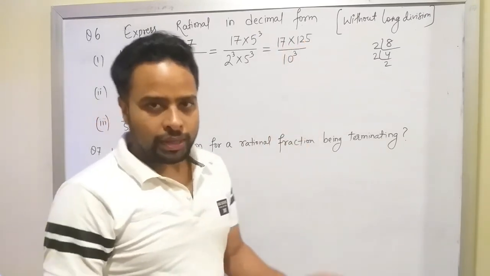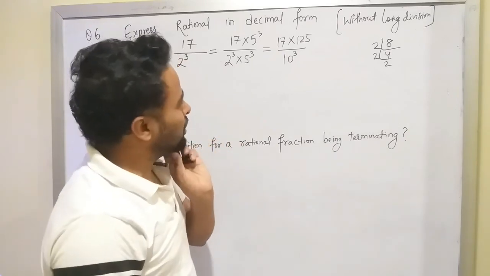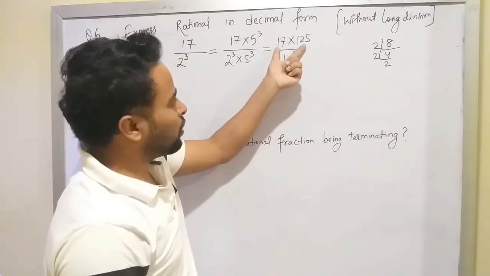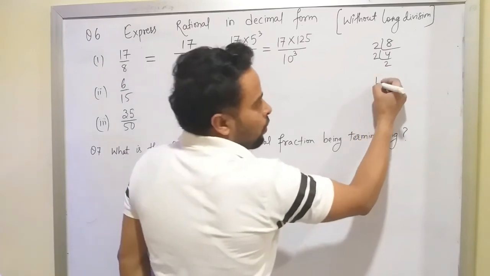125 into 17. So what we do is, let us multiply 125 and 17.